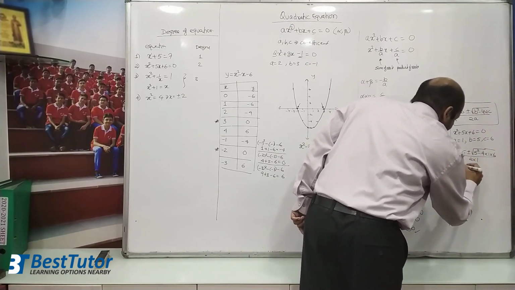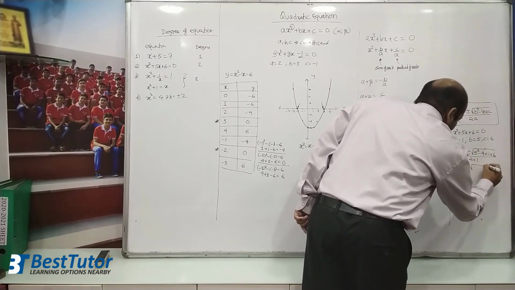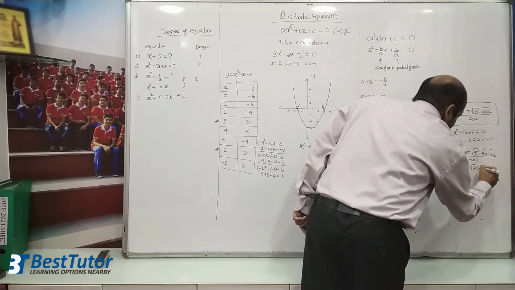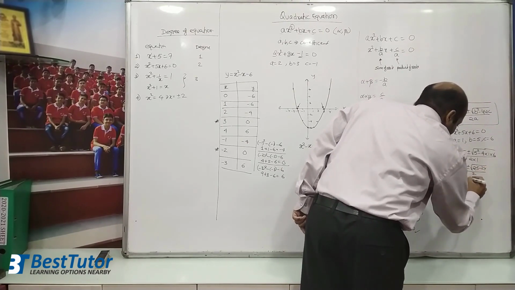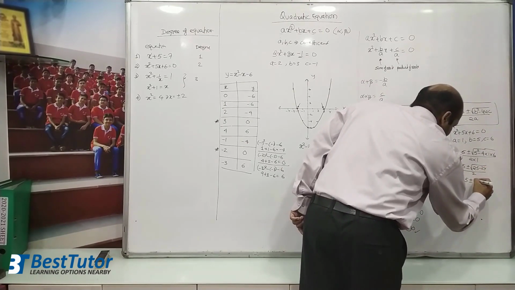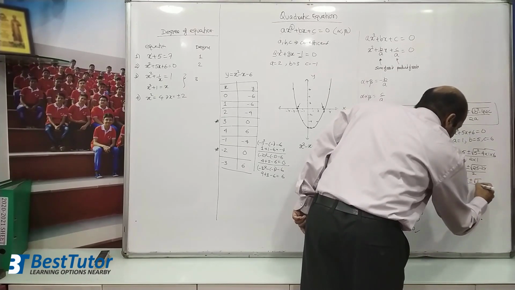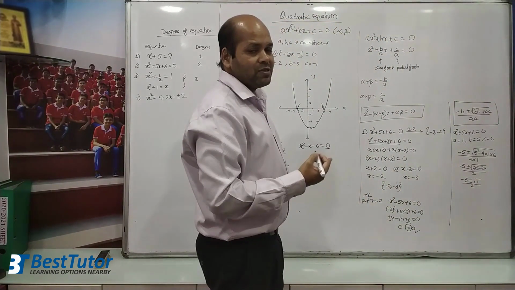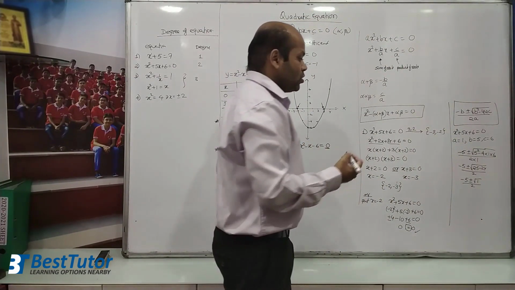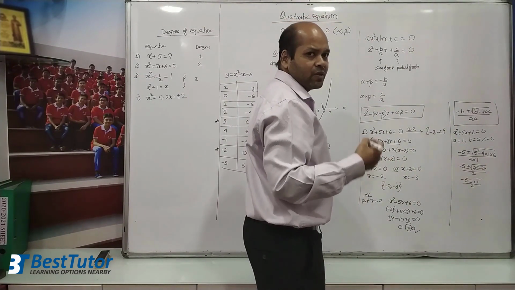I get minus 5 plus or minus root of 5 square, 25, minus 4 into 6 is 24, divided by 2. I get minus 5 plus or minus root of 1 divided by 2. Now plus or minus because there are two roots. So what is the square root of 1? It is 1.